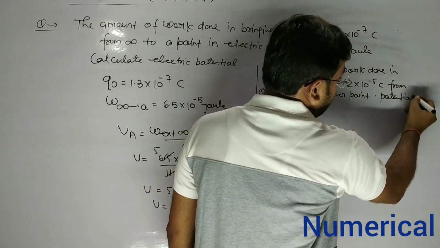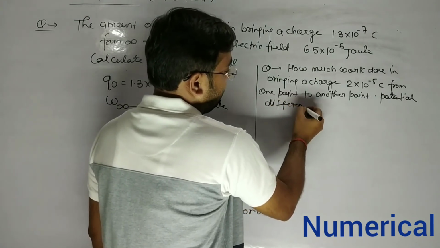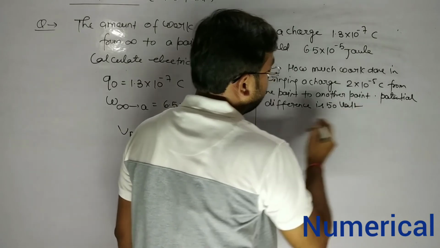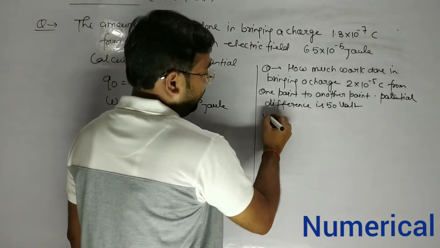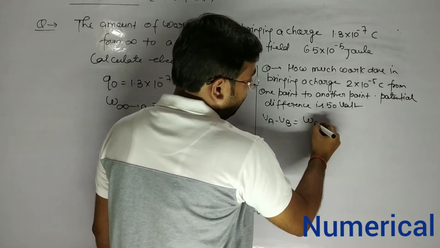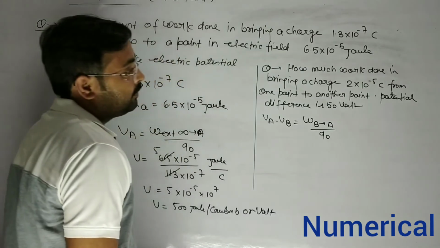The formula is VA minus VB equals W B to A upon Q naught.